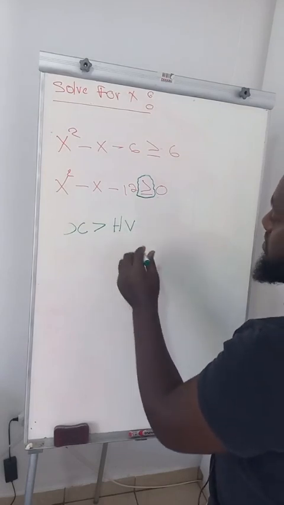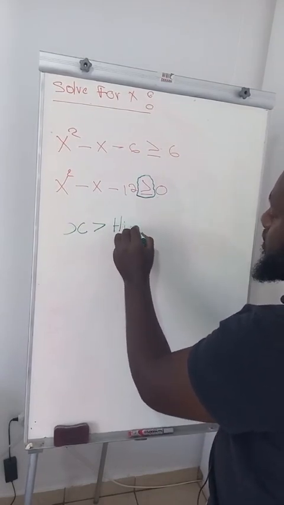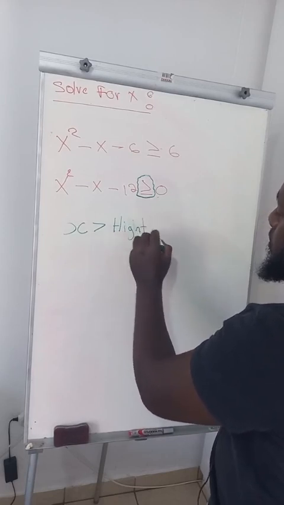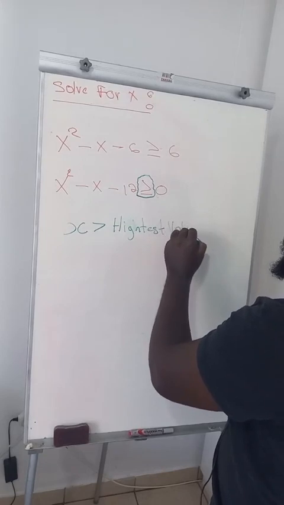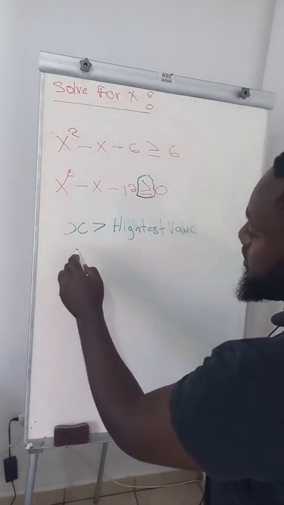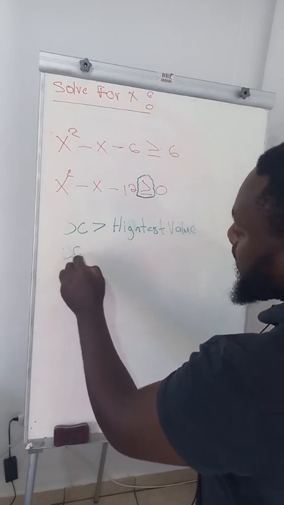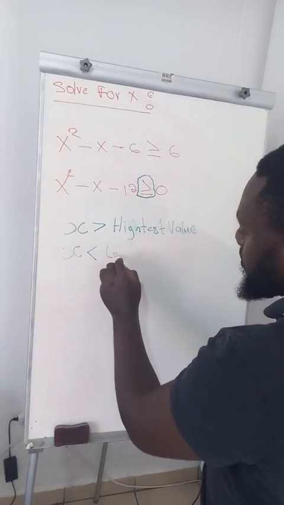So HV just means highest value. Okay, let me write it. Highest what? Highest value. And if it's less than, it means it will say x will be less than the what? The lowest value.